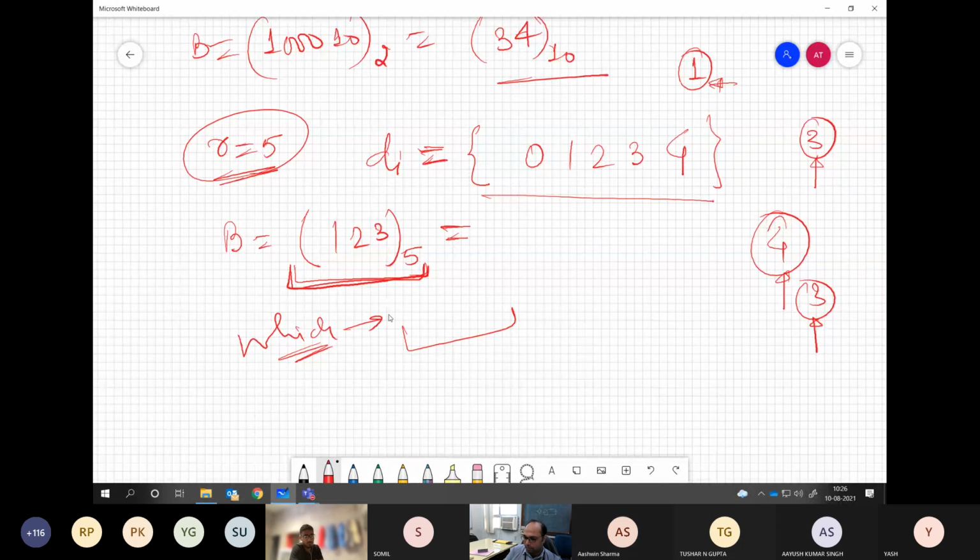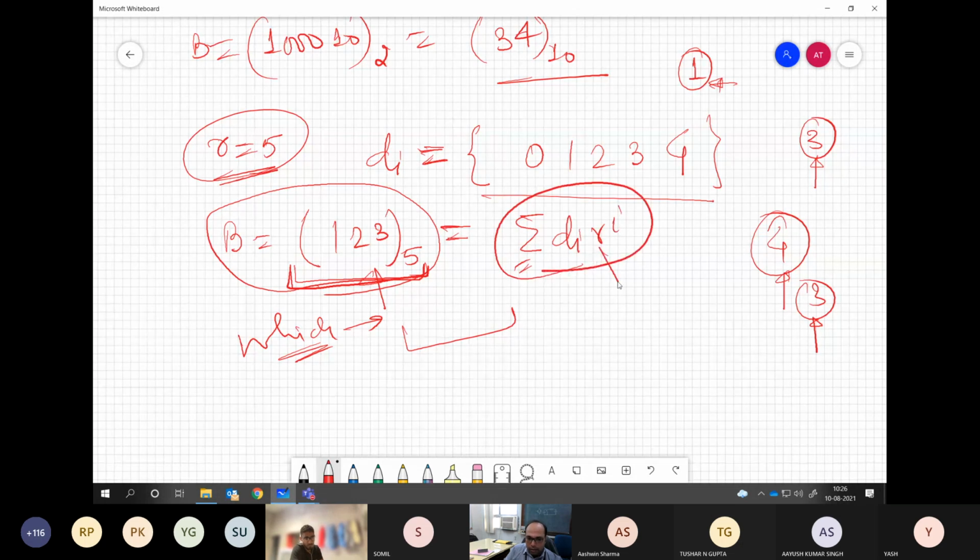Yes, sir. We do not have any other means to understand what this number system is. So the moment you write this in this form, di r raised to the power i, this itself is referring to what you can understand. Getting my point?